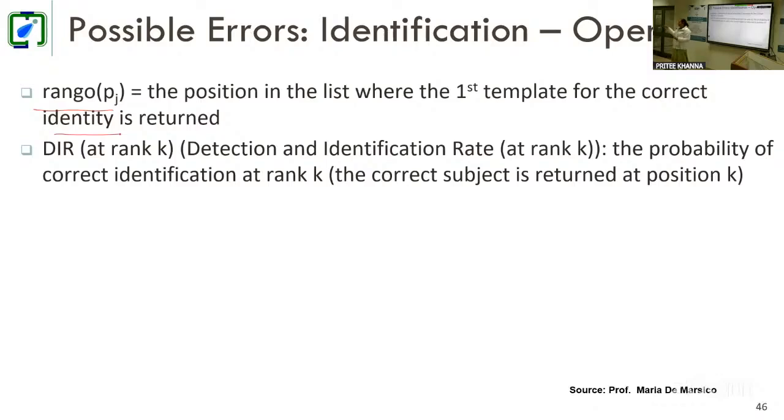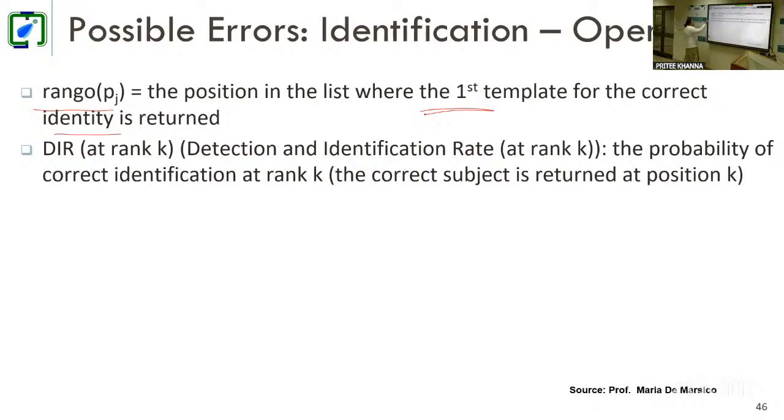So it was not a correct identification. Now we need to find out at which position. If there is a positive alarm, yes, there might be someone, but at which position is he present? So the position in the list is where the first template of the correct identity is written.